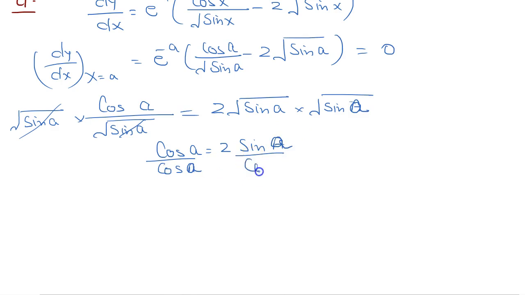So tan a is equal to half. a is equal to tan inverse half, and it's giving us the value of 0.463647 up to 3 places of decimal.